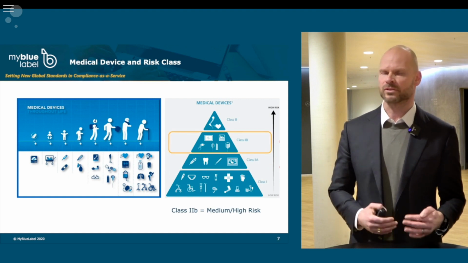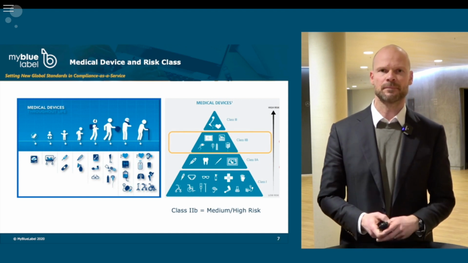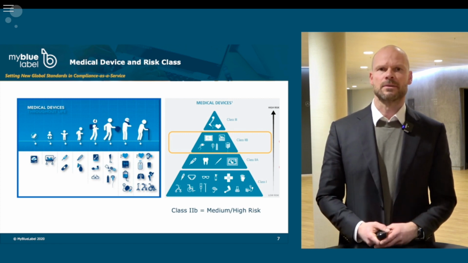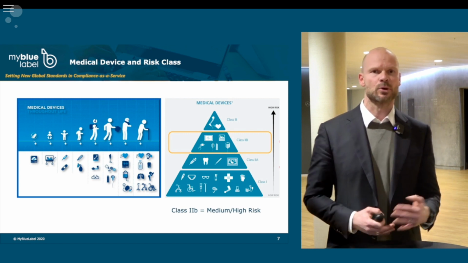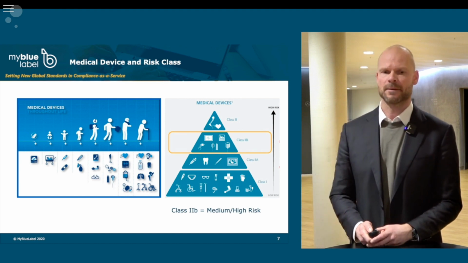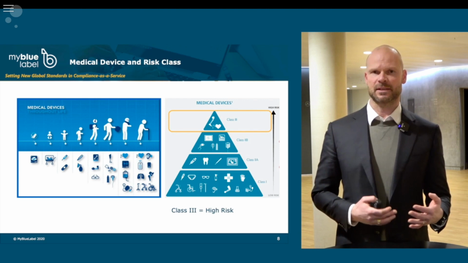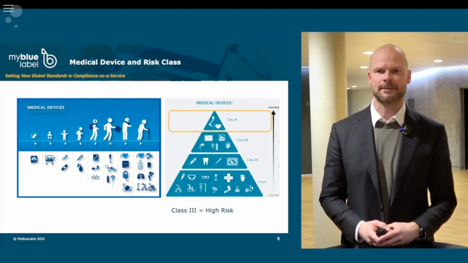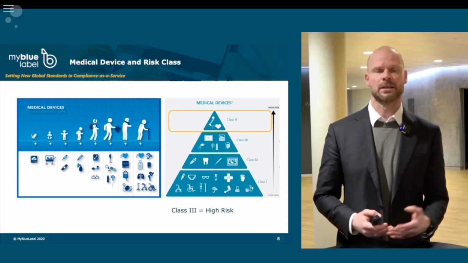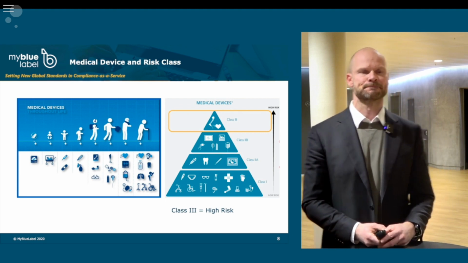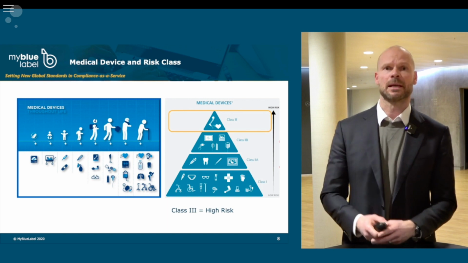And if we go one step up again, then it's still in-body devices, and it's in the body less than 30 days. Then you're in a class 2B. And then on the top, this is the highest risk class. And this is typically products that are of high risk and would typically be pacemakers or hip implants.